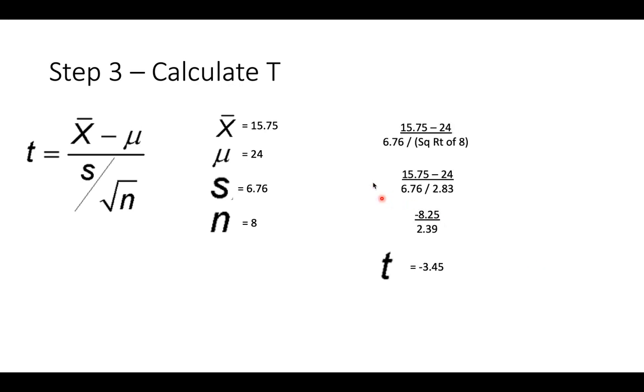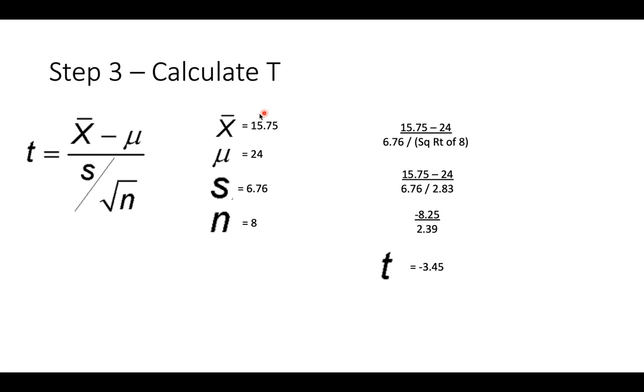So we plug and chug: 15.75 minus 24. It's very important that you always put the sample mean first. Don't flip-flop the sample and the population means. They are not interchangeable. We need to put the sample mean first in this equation, because then the sign of our t-value will reflect the directionality of change of our sample versus the population.